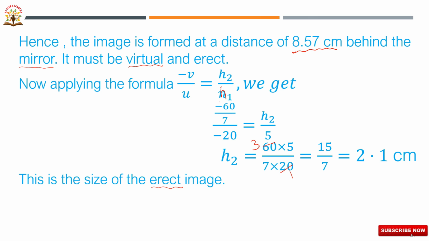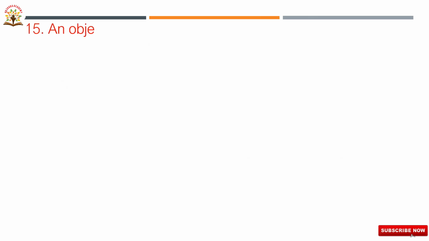Minus minus cancel, plus. So h2 is equal to, taking cross multiplication, 60 into 5 by 7 into 20. So 20 threes are 60, 3 fives are 15, 15 by 7. Finally we are getting 2.1 centimeters. This is the size of the erect image. Okay. Next we will go to the next question.